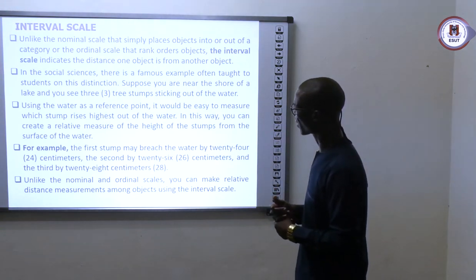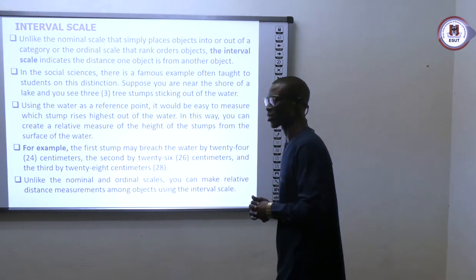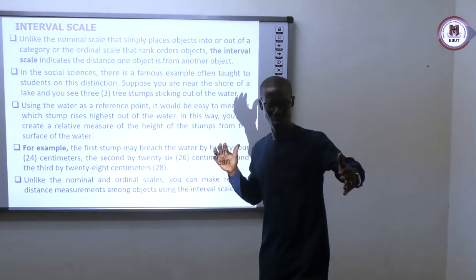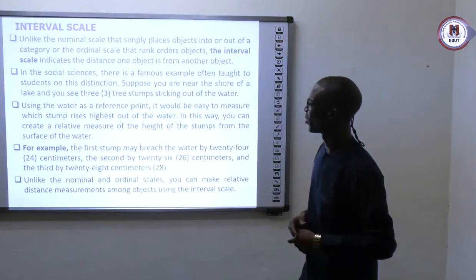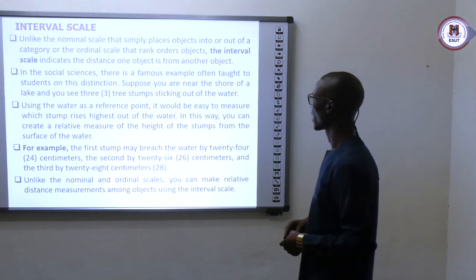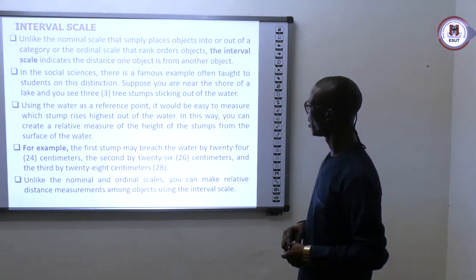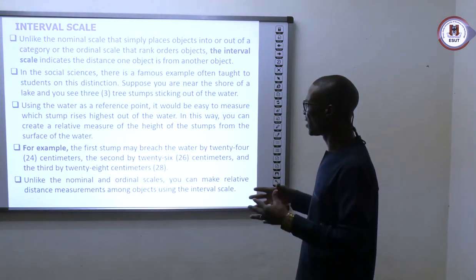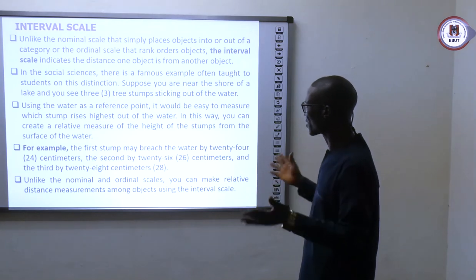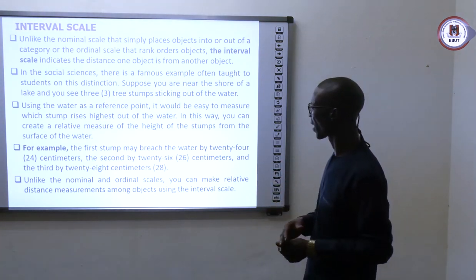So we have interval scale too. Interval scale is a kind of continuous measure that gives a range of scores of certain phenomena. Unlike nominal data that simply place objects into or out of a category, and ordinal data that rank objects, interval data indicates the distance of objects from one another.